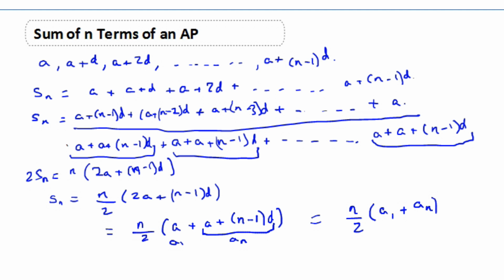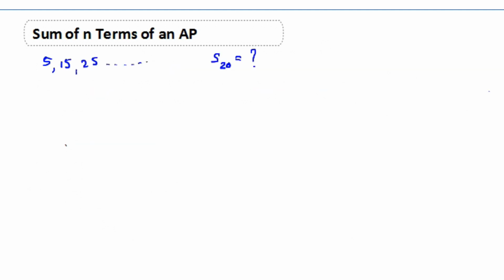Let's try and solve some questions on it. So we've got this question that the arithmetic progression that we have is 5, 15, 25 and so on, and we have to find the sum of the first 20 terms of the arithmetic progression. Now here we do not know what the 20th term is. So we've got two formulas.